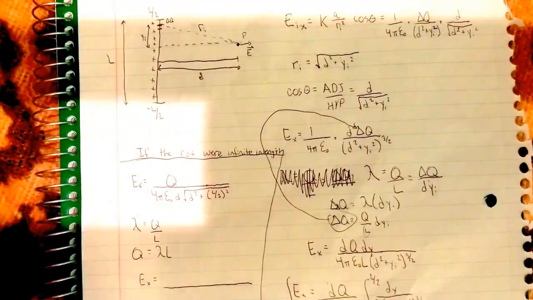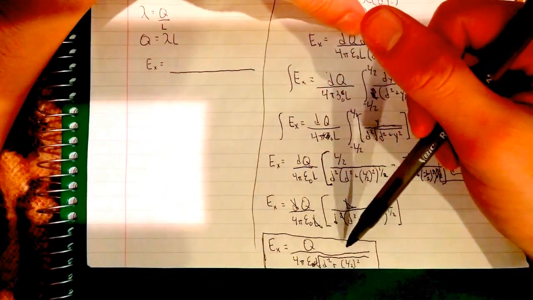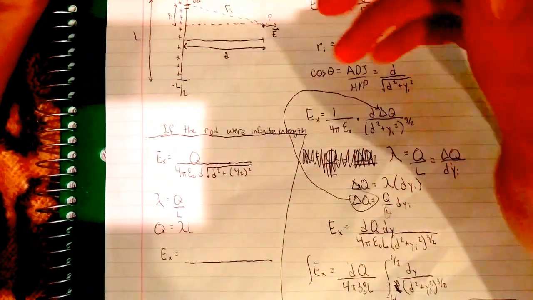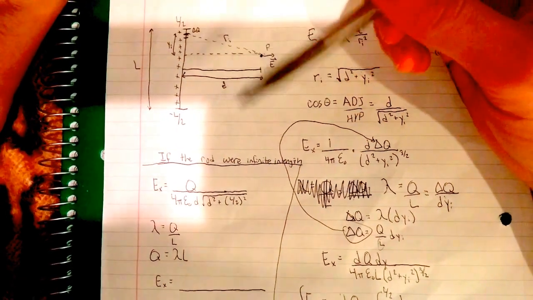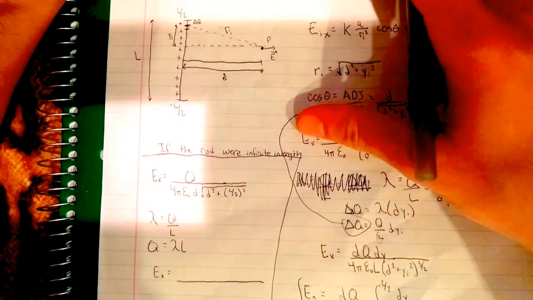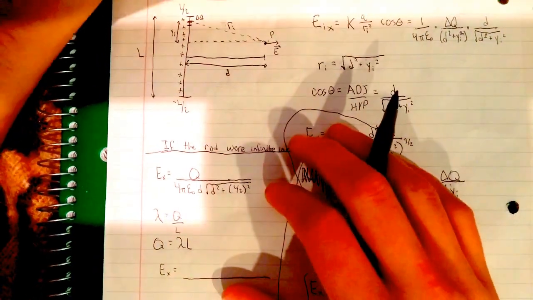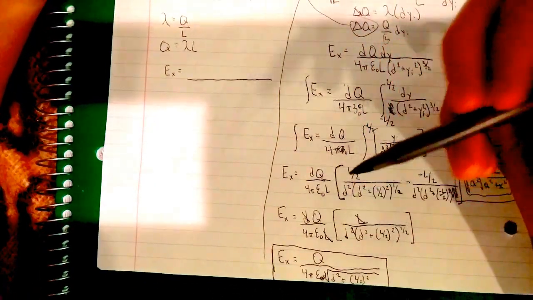Now, after we've gotten the equation for a straight conductor, finding the electric field for the straight conductor, we can now ask the question, what if the rod were infinite in length? So this brings an entire new equation. Well, it comes out with an entire new equation, but we can start with the equation we ended with for the electric field of a straight conductor.